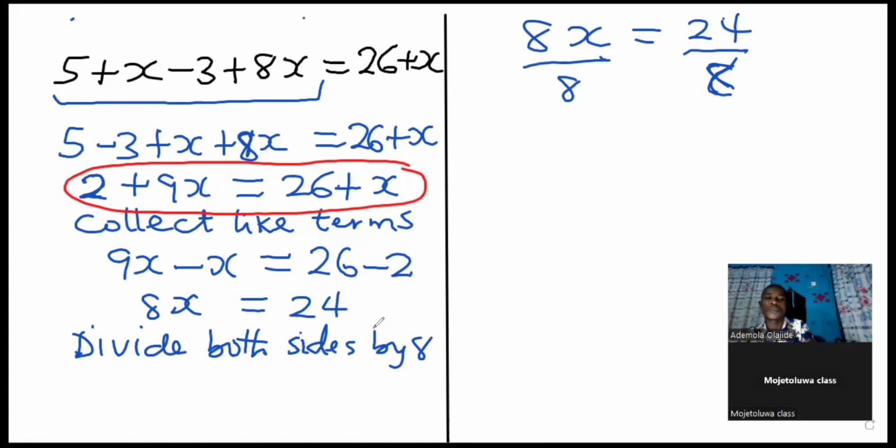And with that, the 8s will cancel each other, so that you have x equals to 24 divided by 8, which will give you 3.